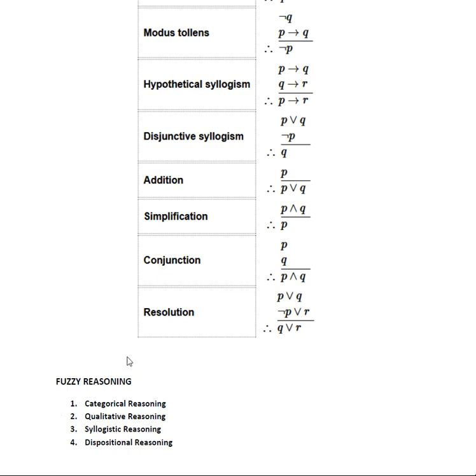And there are four modes of this fuzzy reasoning, which is called approximate reasoning: categorical reasoning, qualitative reasoning, syllogistic reasoning, and dispositional reasoning. Categorical reasoning means that the antecedents contain no fuzzy quantifiers and fuzzy probabilities. Here we consider fuzzy variables, known as categorical conditions.